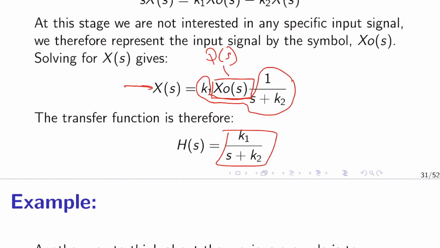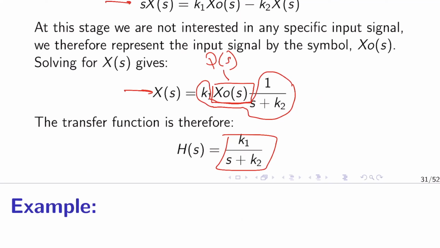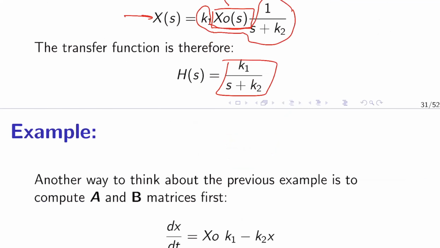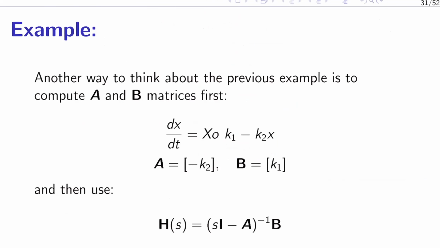If you're a bit confused by that, there's an easier way to think about this in terms of the LTI. Remember the LTI matrix, we had dx dt equals ax plus bq. I'll call it q, not u. Remember how we compute these?